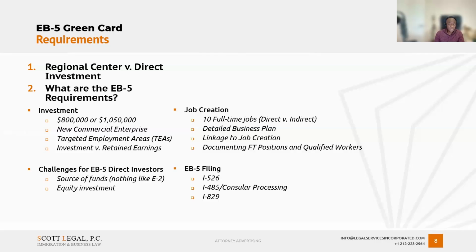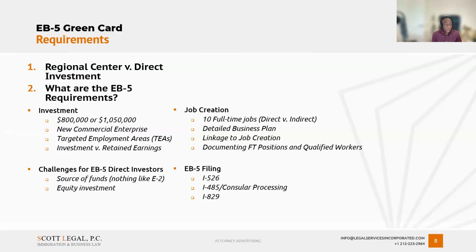Now, EB5 is further broken out into two different facets. One is regional center, and the other one is direct investment. The regional center is the idea where there's an organization that wants to raise a bunch of money.